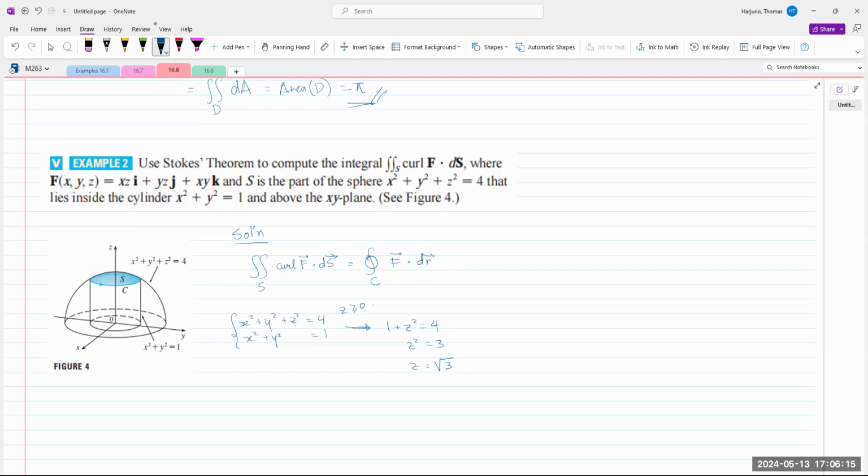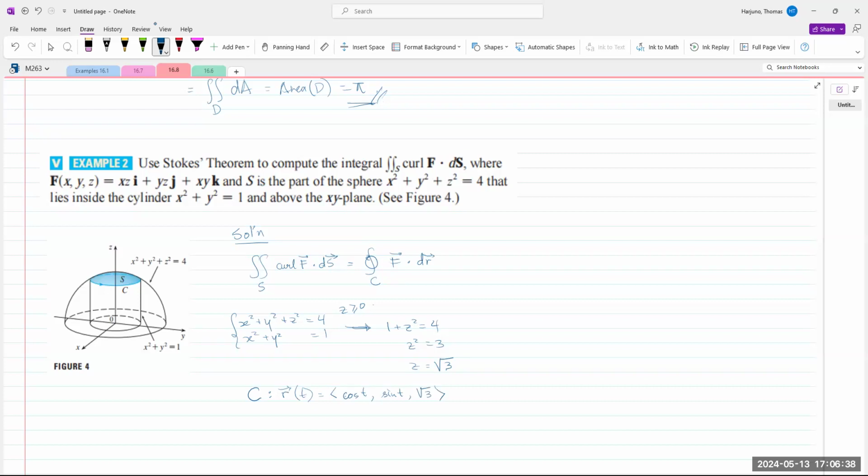Now the intersection can be parameterized by r(t), where we have cosine t, sine t. Remember, it is in the cylinder with radius 1, and z is square root of 3.